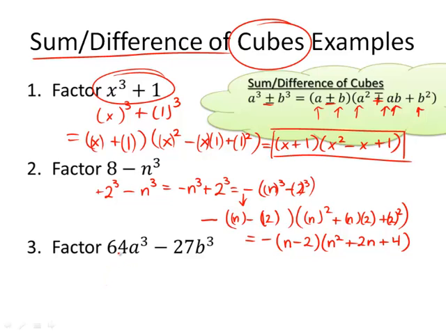Last one here. Here we've got 64a cubed and 27b cubed. Because we see the cubes, there's no greatest common factor to take out. Let's just see if we can take the cube root of 64.